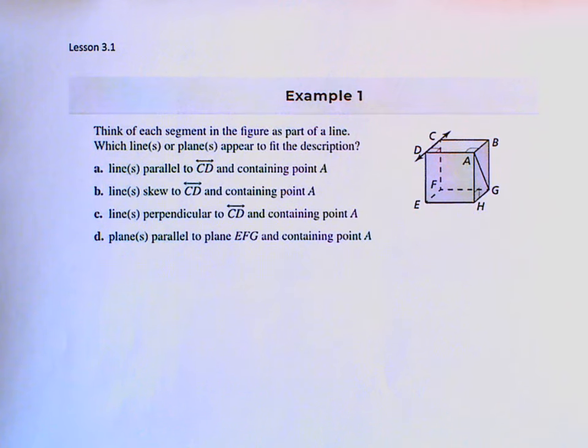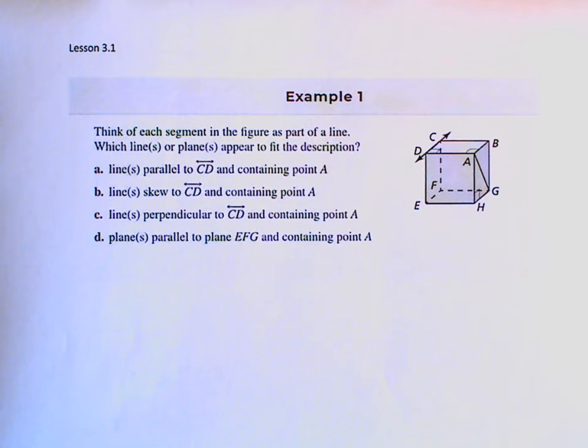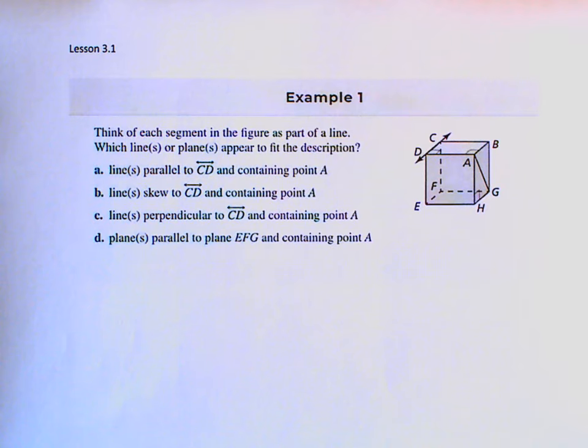Okay, so the first question is, think of each segment in the figure as part of a line. Which lines or planes appear to fit the following description? Now for A, they want us to look for lines that are parallel to CD but contain only point A. Okay, so let's take a look at that.